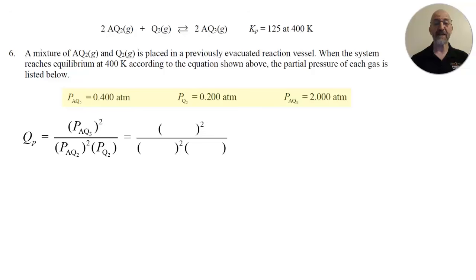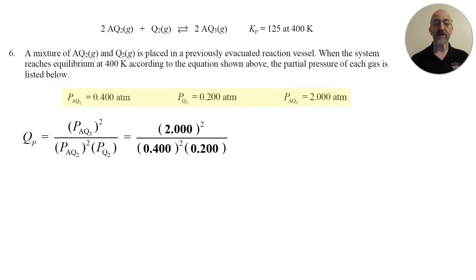So now what I will do is plug in the appropriate partial pressures, and let's see if this system is in fact at equilibrium. So the 2 atmospheres will go in the numerator of this Q expression. The 0.4 atmospheres and the 0.2 atmospheres, those values will go in the denominator of this Q expression. Now I will pick up my calculator and let's see if we get 125.